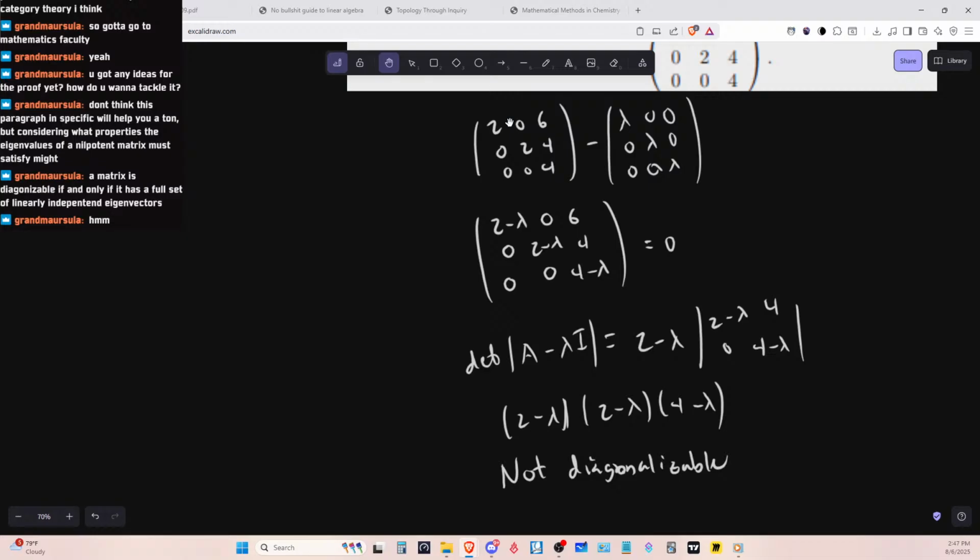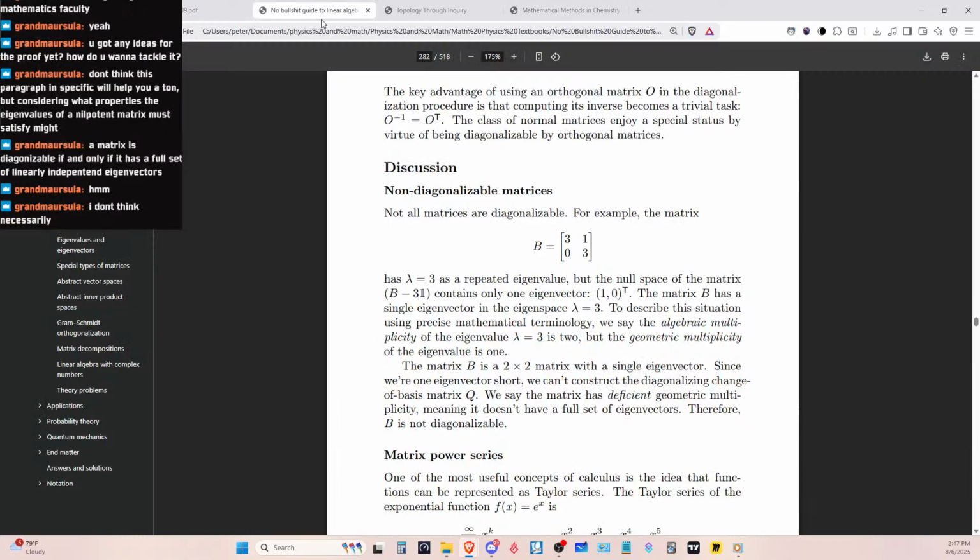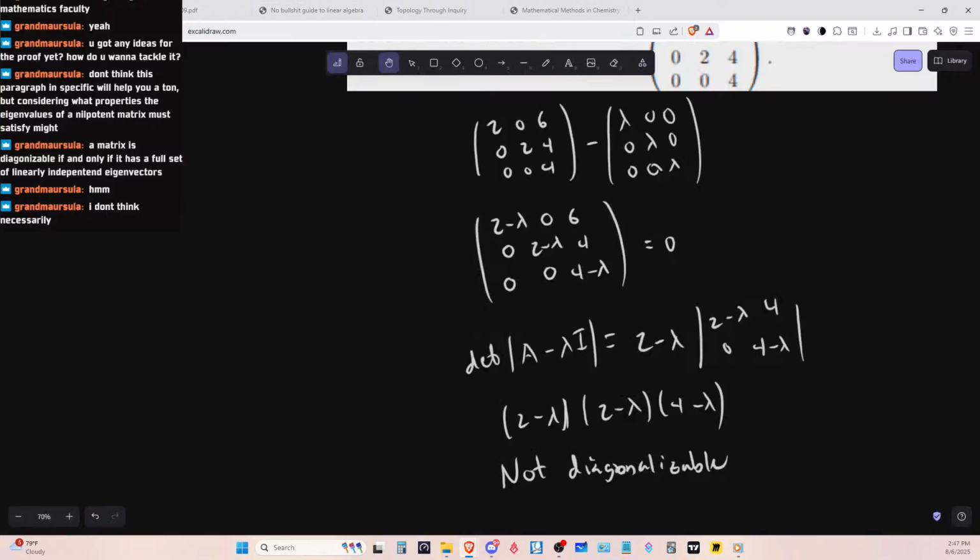The way they showed the example, the whole diagonal is one number, but for this one we have one number that's different. So does that mean it's not diagonalizable, or since there's a 4 here, does that mean it is diagonalizable?